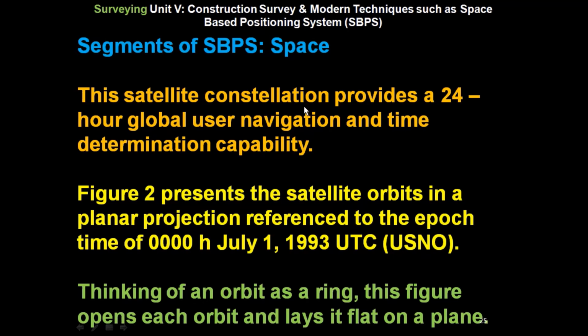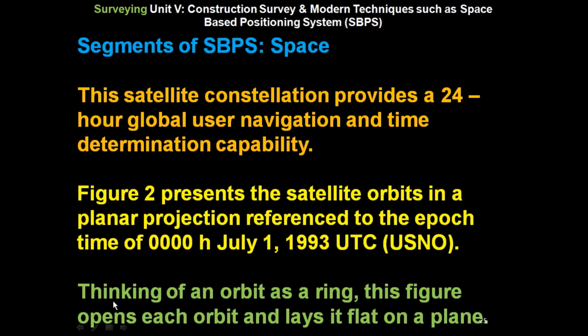This satellite constellation provides a 24-hour global user navigation and time determination capability. Figure 2 represents the satellite orbits in a planar projection referenced to the epoch time of 000 or July 1, 1993 UTC.